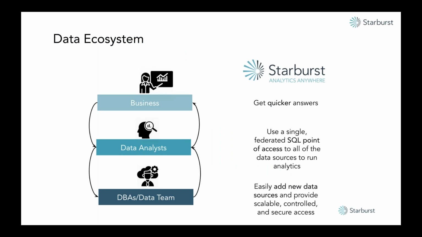So as a result, going back into the data organization view, we see that the business users now can get much faster answers because once these sources are available, there is no lag between the time when they ask the question and the data analysts or data scientists being able to give them these answers. It's also making things much easier for the analysts because they do have access to the data through standard SQL and across multiple sources.